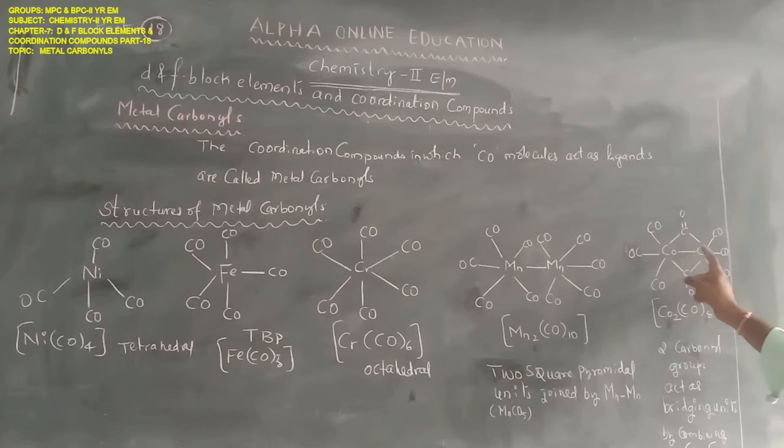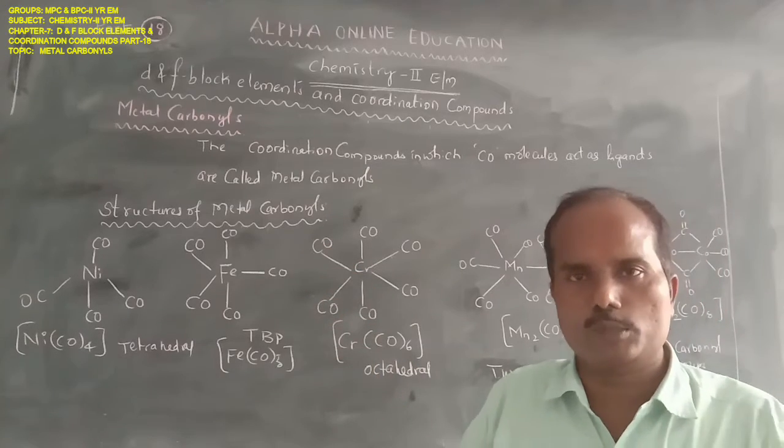They can combine the two metal atoms. The two carbonyl groups act as bridging units or bridging ligands, joining the two metal atoms. That is the structures of metal carbonyls.